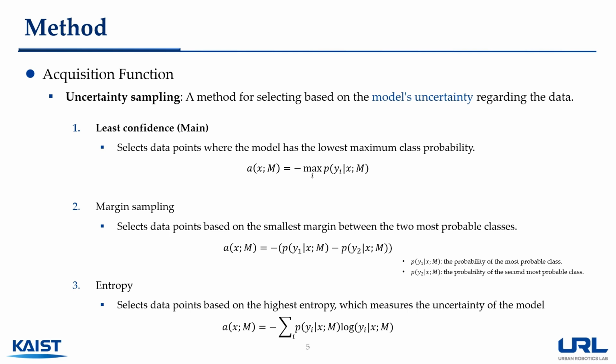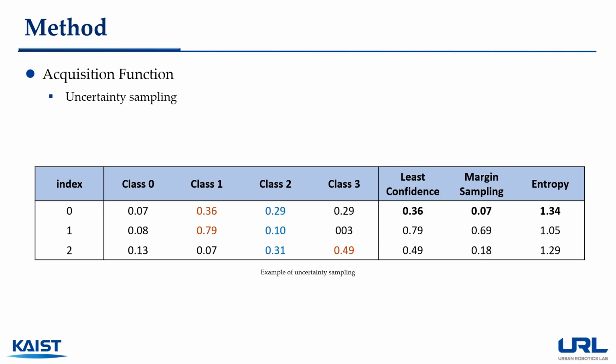Least confidence is used mainly in this paper, and it selects data points where the model has the lowest maximum class probability. Margin sampling selects data points based on the smallest margin between the two most probable classes. And entropy selects data points based on the highest entropy, which measures the uncertainty of the model.